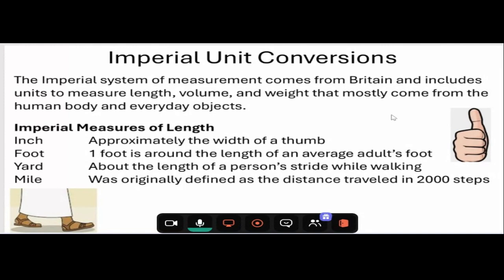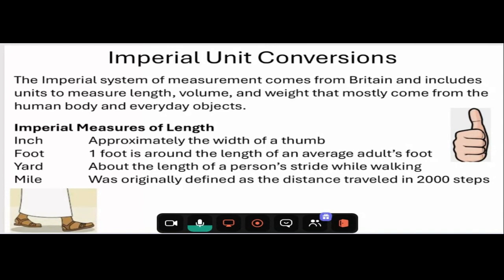And a foot is about the length of an average adult foot. A yard, a bit of argument whether or not this is the original meaning of yard, but it came to be understood as about how long a step is when you're walking at a pretty good pace, a stride. And mile actually came from the Romans, and what's the technical definition?